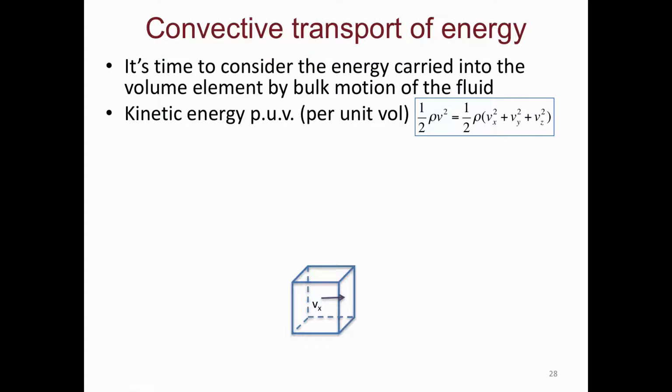Well, so my kinetic energy per unit volume is one half rho v squared, right? So if I have a static box of fluid like this one, and fluid is actually moving here, and in addition I also have a thermal gradient, then I'm looking at the equations in the static coordinate system, so this control volume is not moving with the fluid, therefore it's constantly sampling different parts of fluid as it's moving in.